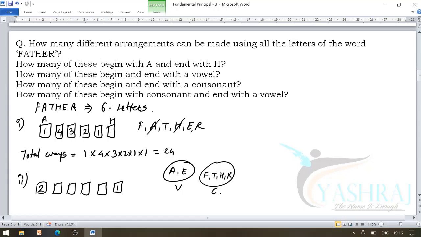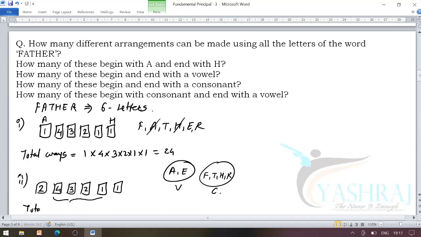So we have to fill up the first and last box in 2 and 1 ways respectively. Now we remain with the consonants that should be filled up over the middle 4 boxes, that means the second, third, fourth and fifth box. So we have respectively 4, 3, 2 and 1 choices to fill up the second, third, fourth and fifth box.